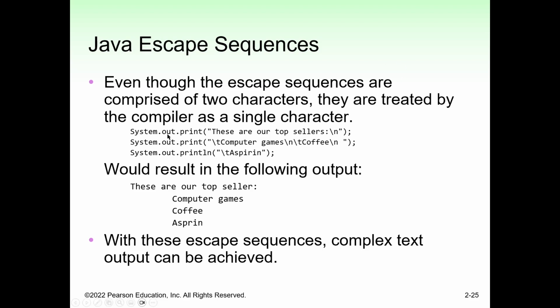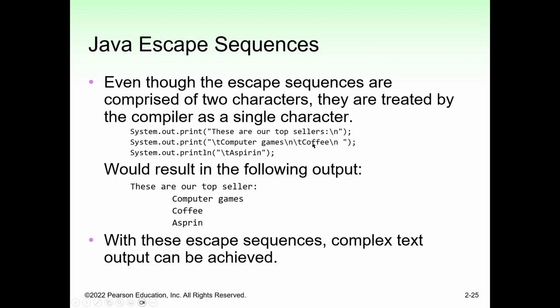And right here, look at this. We have print and println. And we are printing, these are our top sellers, with a colon and a \n. A \n is going to take us to the new line. And then we are printing \t, which stands for tab, computer games. Then we're moving our cursor to the next line, and we're using the tab again.